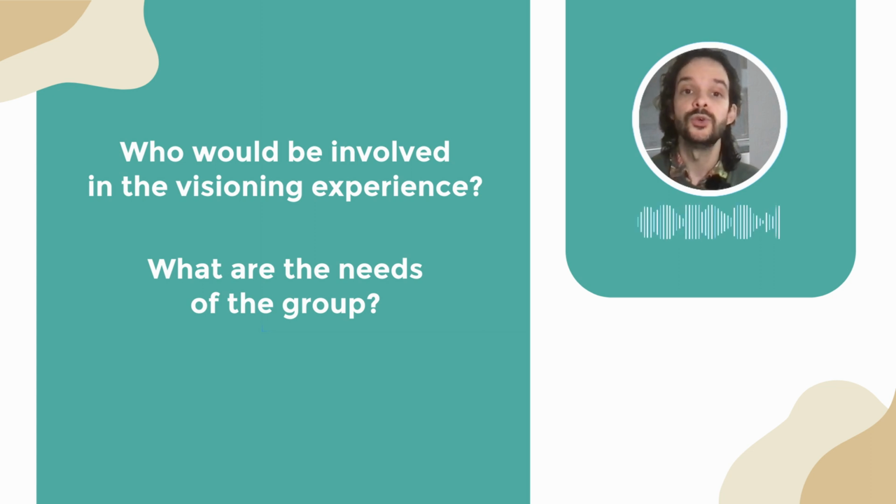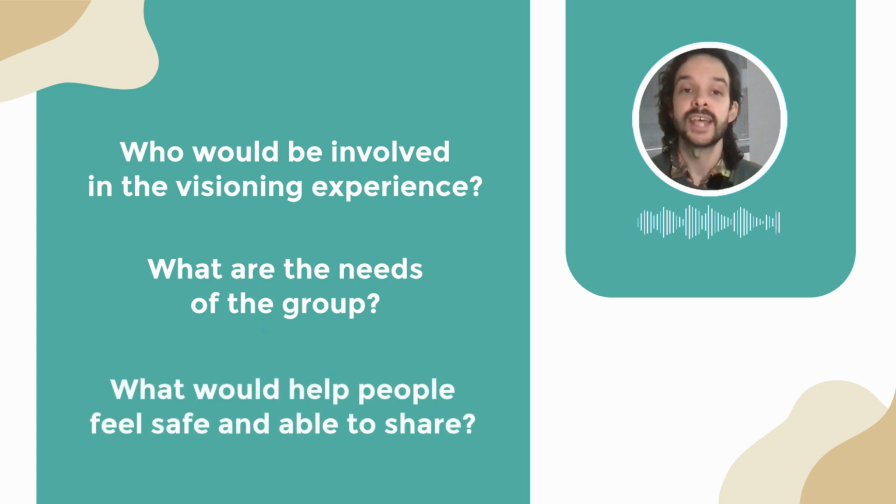So first of all, who are you working with? And that might help you to create a safe container for holding the work. When we say a safe container, we're talking about a space where people feel able and safe to vision. They're not in immediate harm's way. They feel that they are able to talk and not have any repercussions.